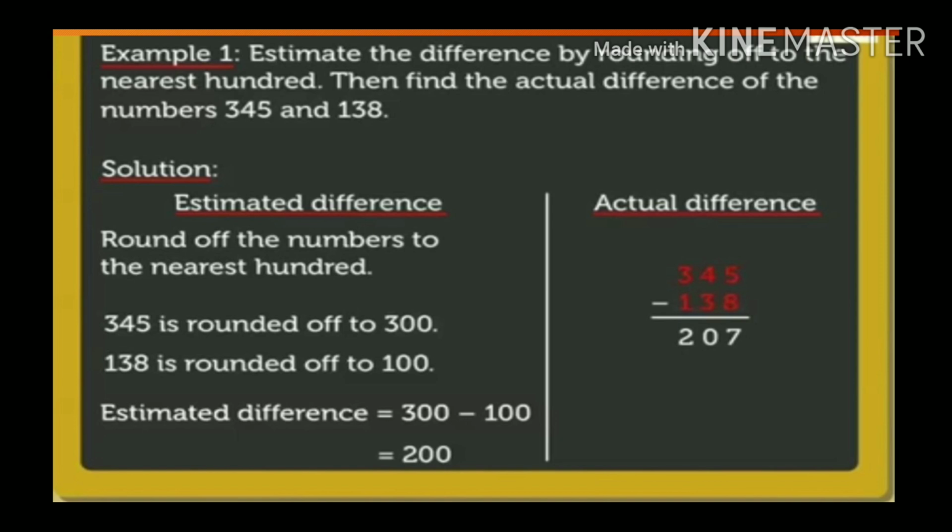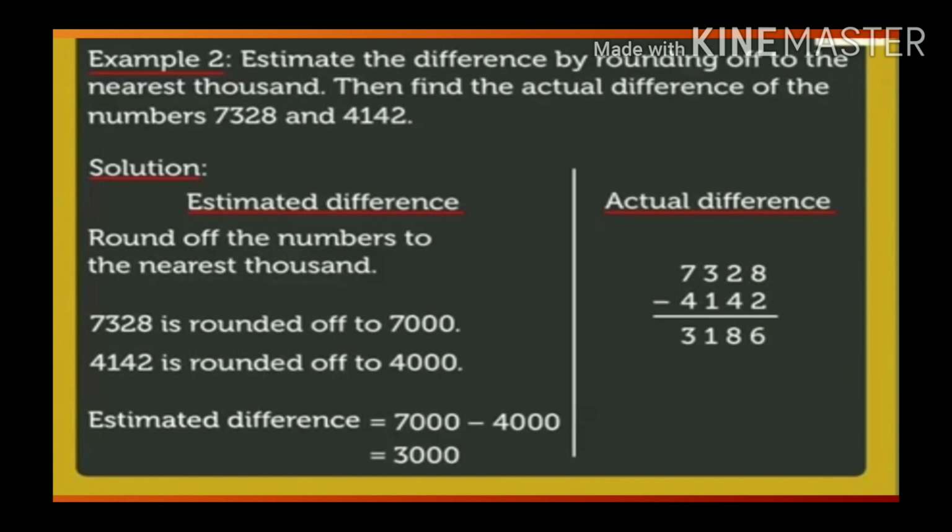So the estimated difference is 300 minus 100, which is 200. Now the actual difference: 345 minus 138 gives 207. Here also the actual difference is quite close to the estimated difference.